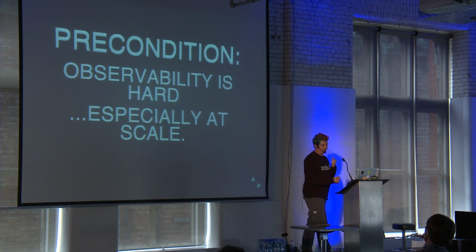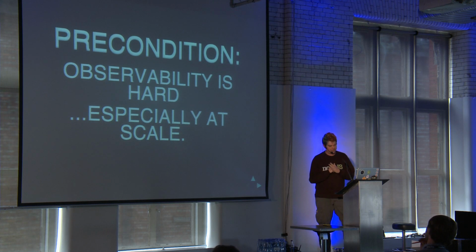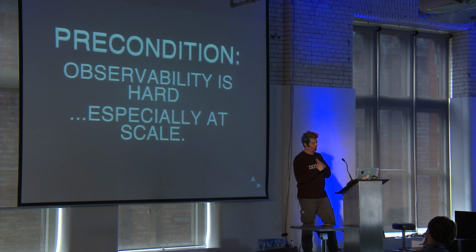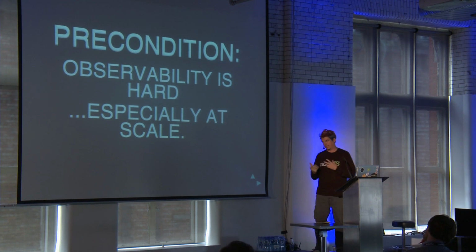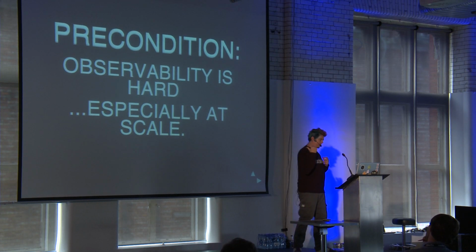So, the precondition that we have with observability is that it's hard, especially as we get out to scale. Understanding what's going on with your application and being able to be in touch with that application as we get to really massive throughput, really heavy I/O, gets increasingly difficult.